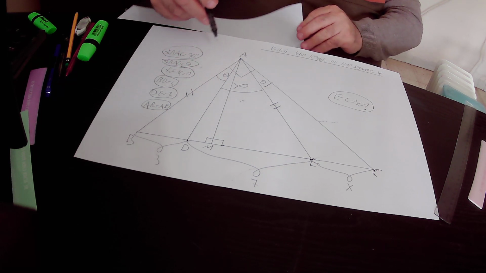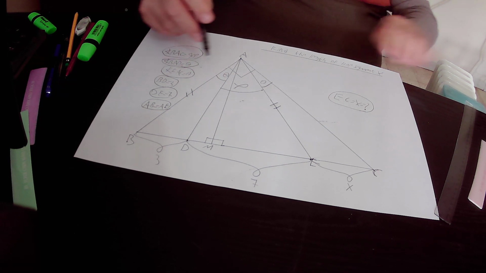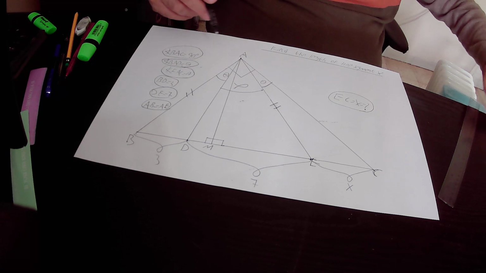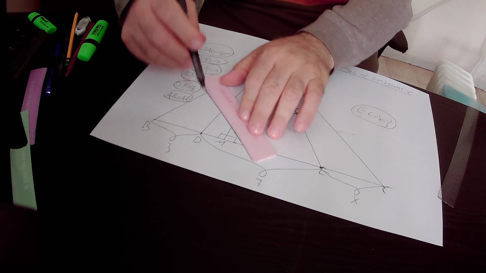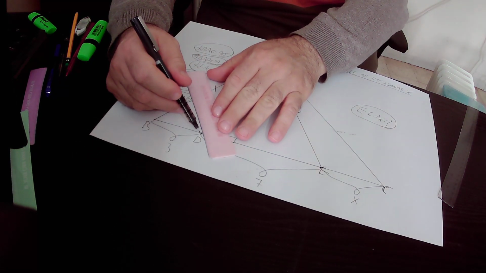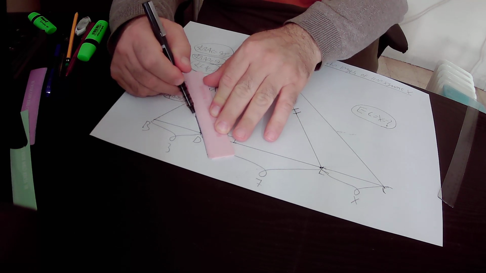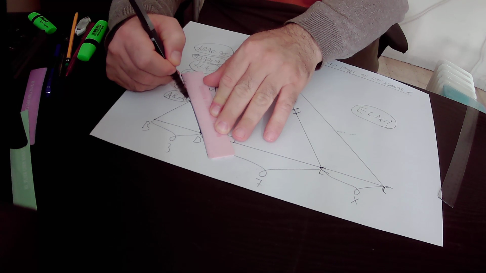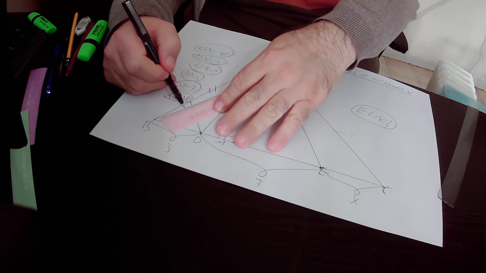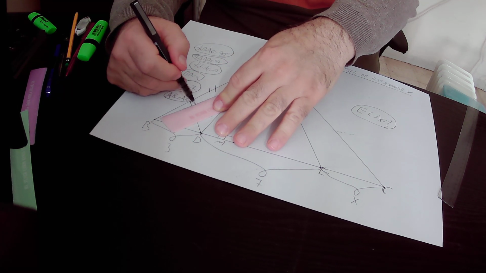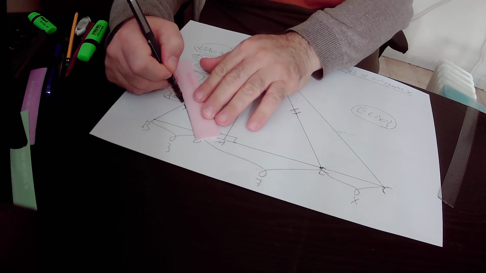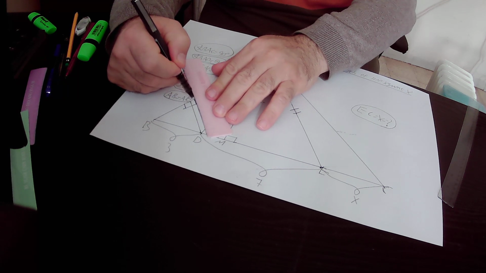The height must create 90 degrees with the base AB. So from point D, we will draw a perpendicular to AB. So this angle equals 90 degrees, and this angle is also equal to 90 degrees.